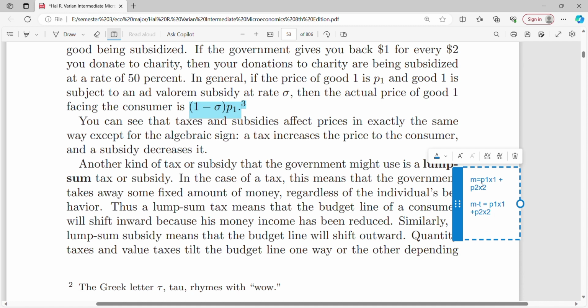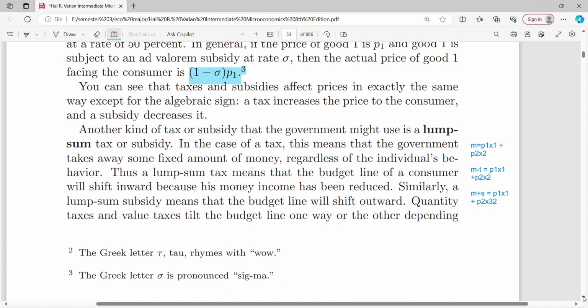And the equation associated with lump sum subsidy will be M plus S equal to P1 x1 plus P2 x2. So this is the equation of lump sum tax and lump sum subsidy.